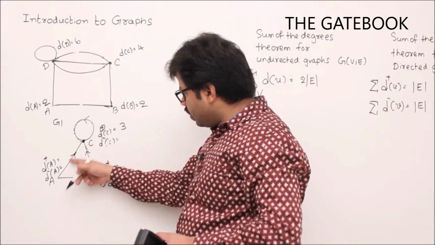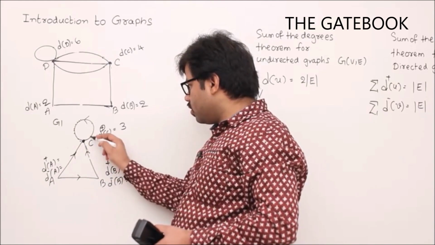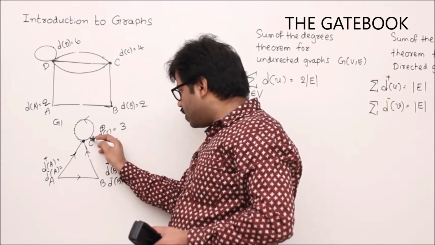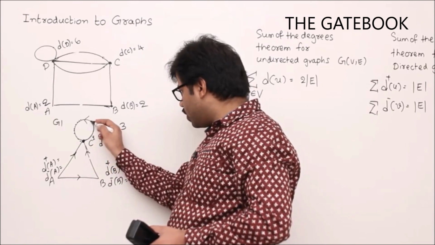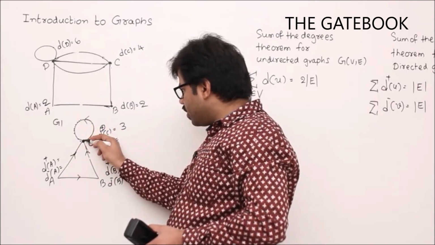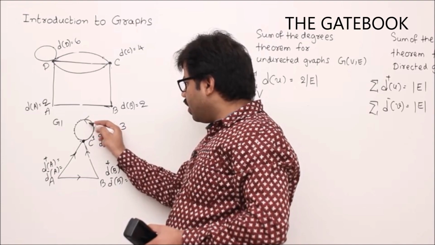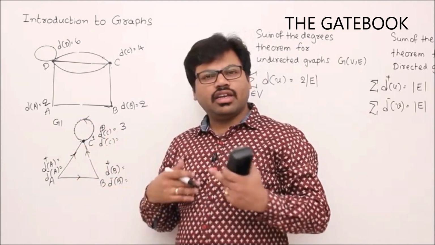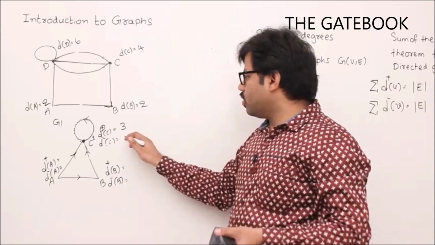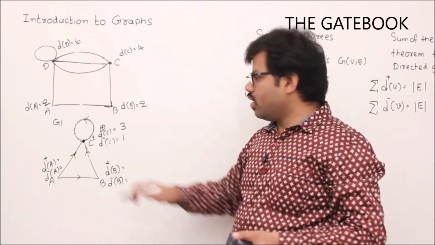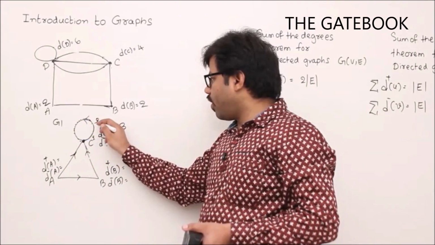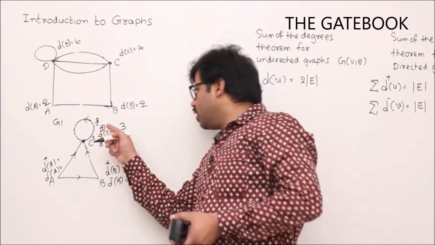Definitely these two are incoming, not outgoing. So this third one, you see, if you watch from here, you understand that this edge is going outside. Of course it is coming inside, but at the same time I can treat it as going outside, right? So we can count it in incoming and outgoing. So that's why degree of C, 1. So I'm taking this one as an outgoing edge. If you want clarity, watch from here. Then it is going out.